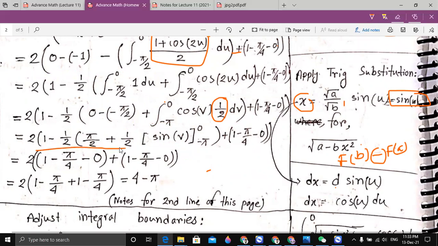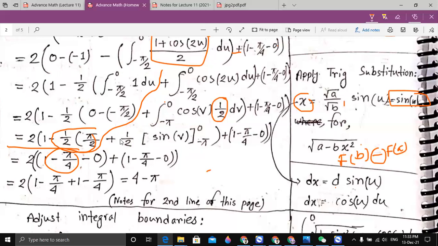So okay, let me write it down now. On du, this is this part, okay. And if we multiply these two things, it will become pi by 4. And if we multiply these two, 1 by 2 and minus 1 by 2 and plus 1 by 2.